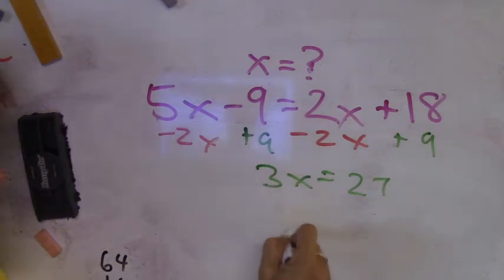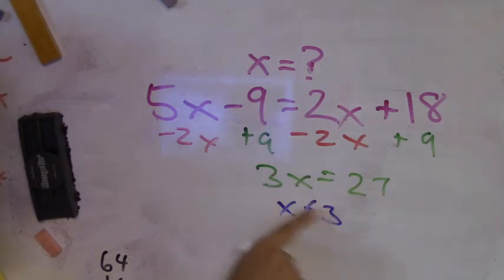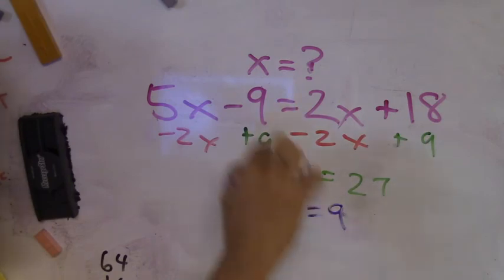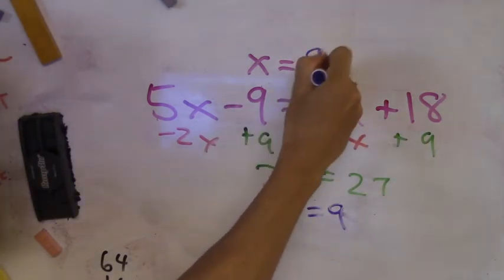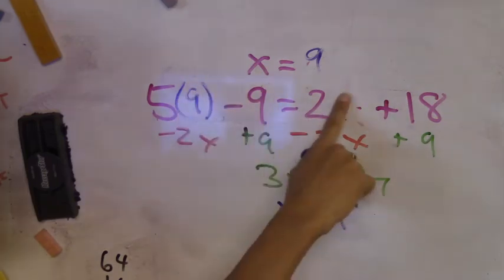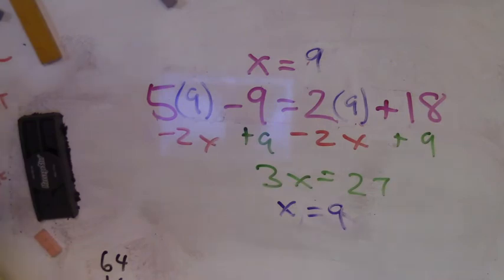So the difference between x equals 3, which would not be the right answer, and x equals 9. And now check it. What's 5 times 9? Just do the math. 45.